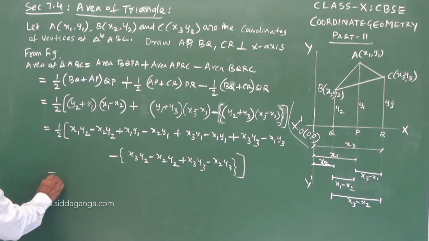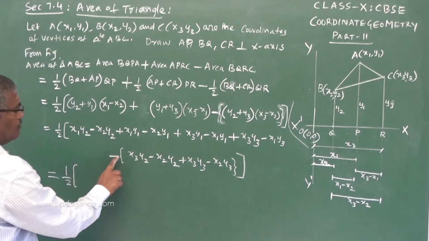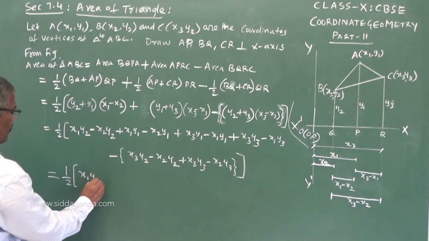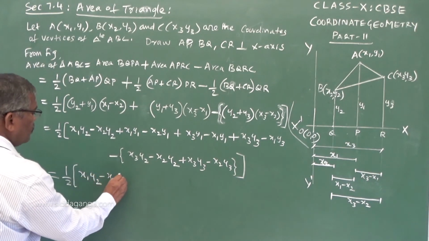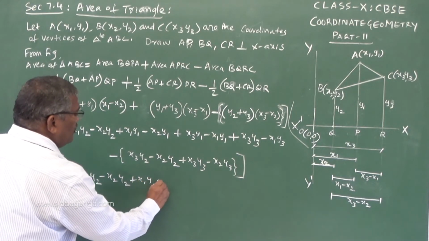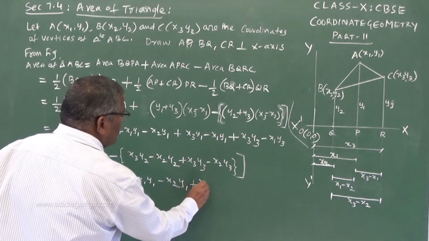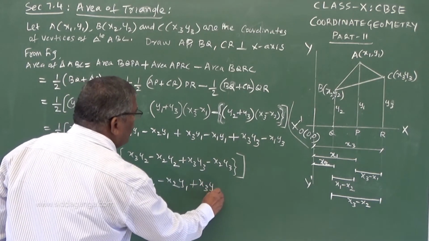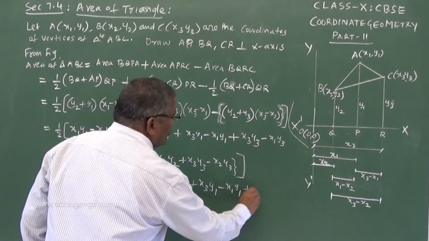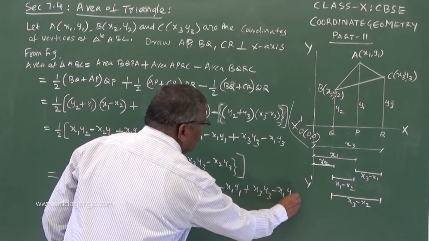Now this equals 1 by 2 into, now you remove this bracket also in the next step. So x1 y2 minus x2 y2 plus x1 y1 minus x2 y1 plus x3 y1 minus x1 y1 plus x3 y3 minus x1 y3.